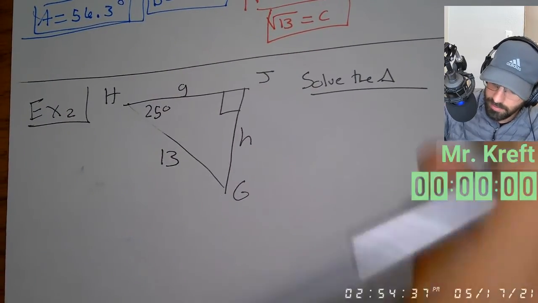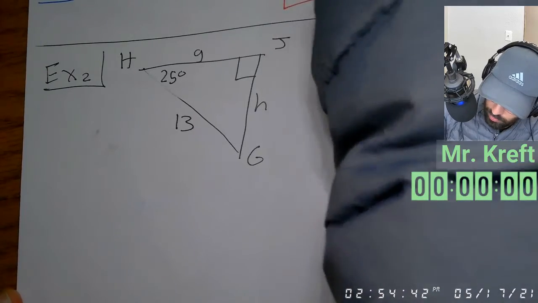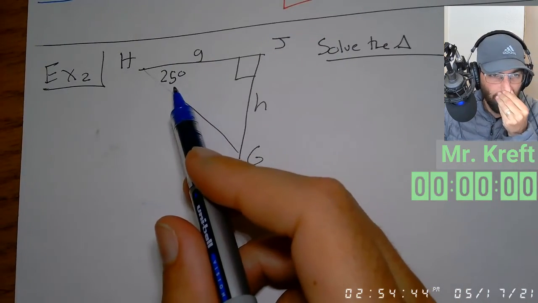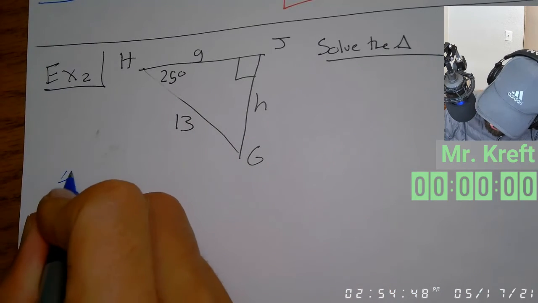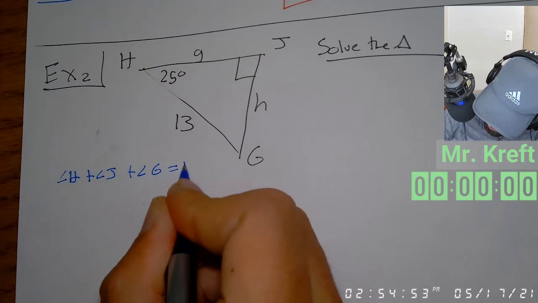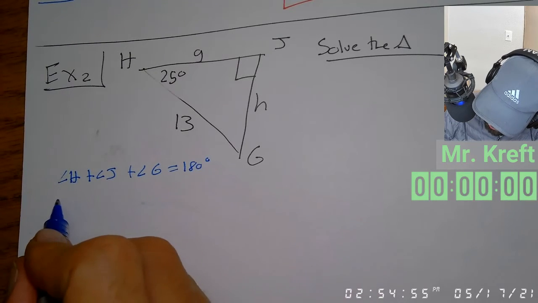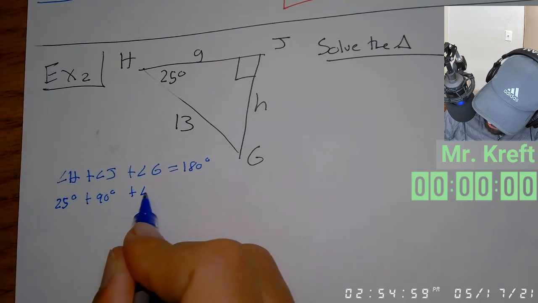All right, I don't have a lot of time, so I'm going to go through this, and if you guys have questions, please let me know. So the first thing I noticed is, what do the angles in a triangle add up to? They add up to 180, right? Angle H plus angle J plus angle G, they're going to be 180 degrees. So if angle H is 25 degrees and J is 90 degrees, right?